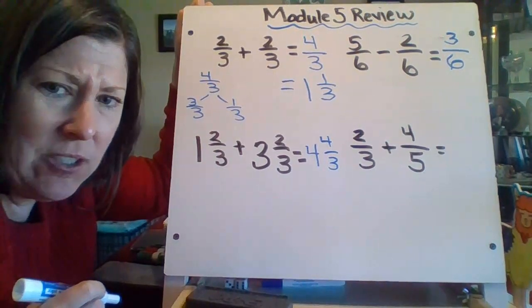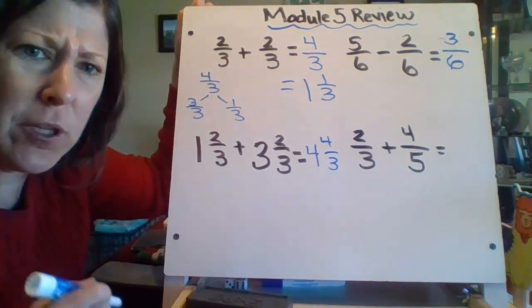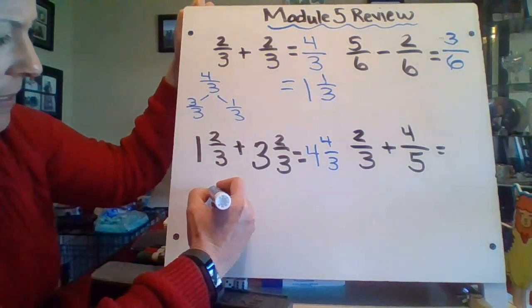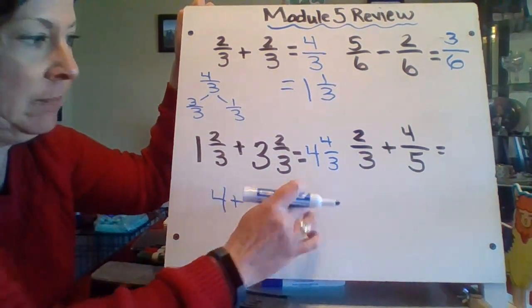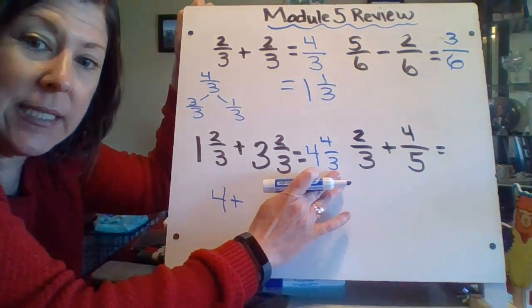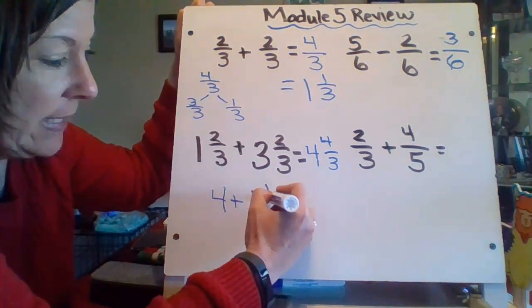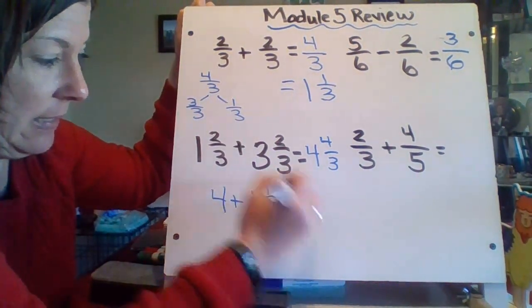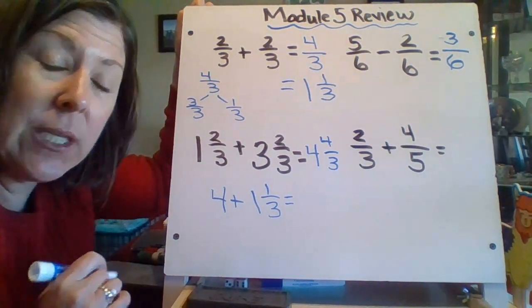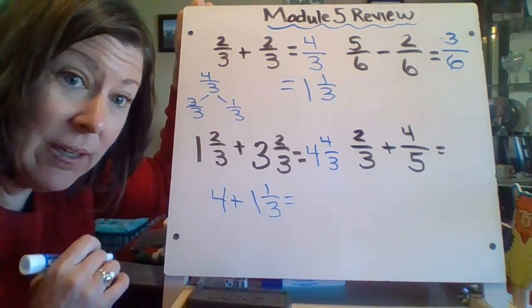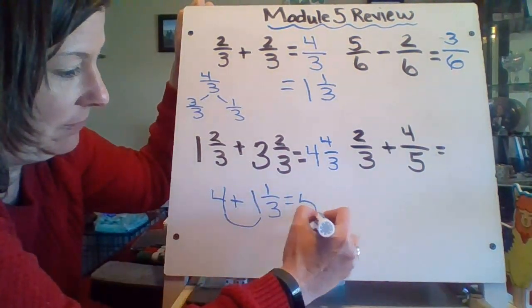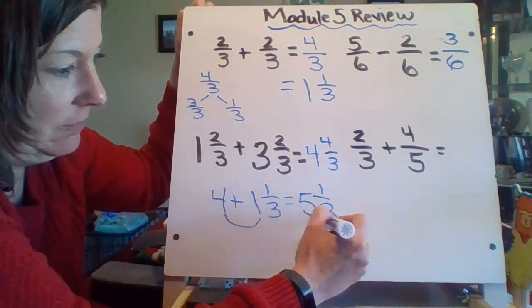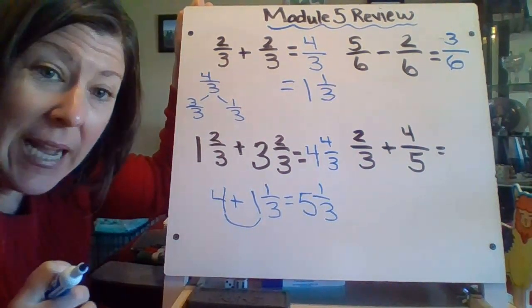But I can't leave my answer like that, 4 4/3. I'm going to keep my 4. 4/3 is the same as 1 1/3, which gives me a final answer when I put it together of 5 1/3.